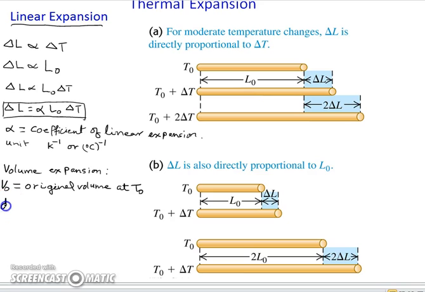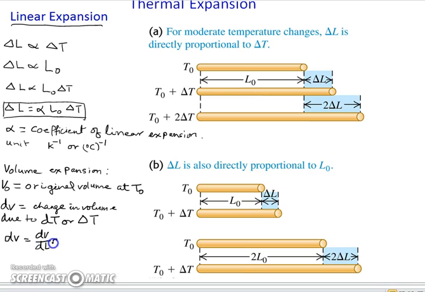And let's say dV is the change in volume due to the increase in temperature delta T. So I can say the change in volume dV is equal to the derivative of volume with respect to length times dL, so d over dL of L cubed, times dL.